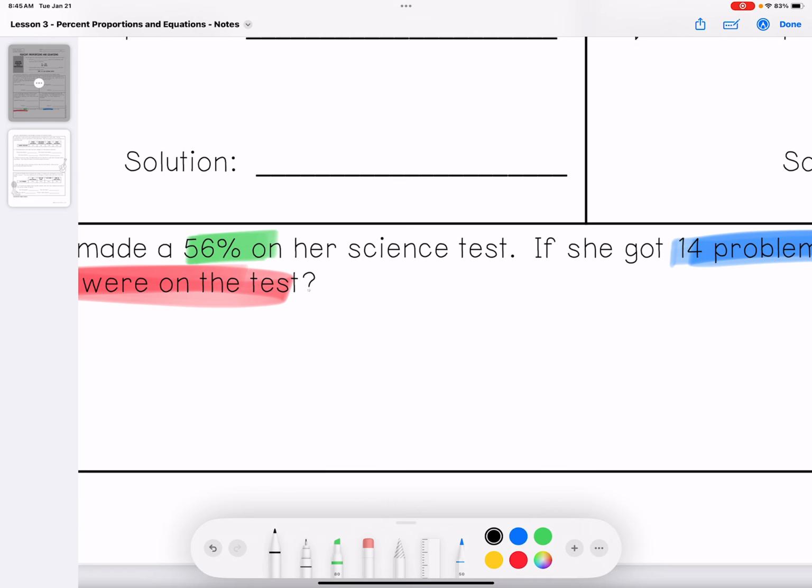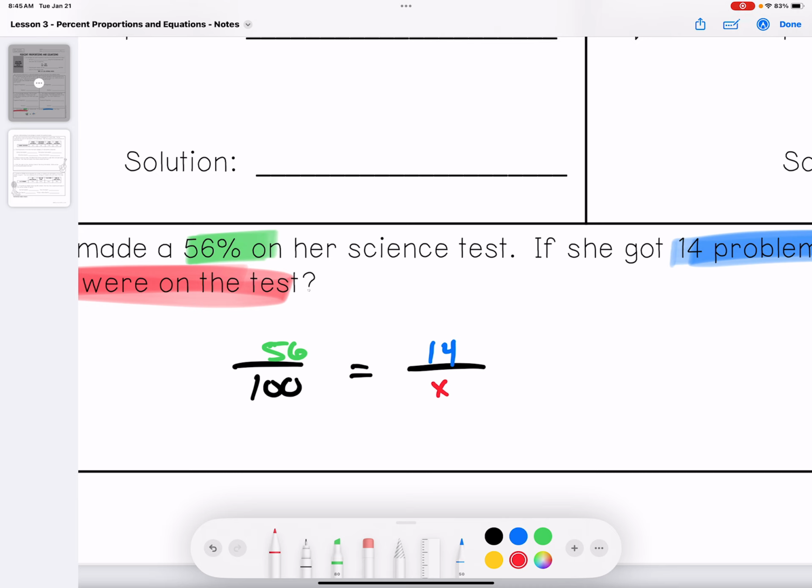All right, so we know the percent is 56. We know that she got 14 right. That is part. Why is that part? Because that's not the total amount of questions on the test. That's only the ones that she got correct. So we're looking for the whole.